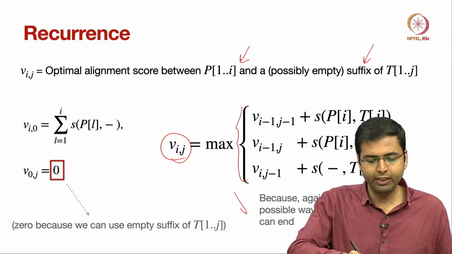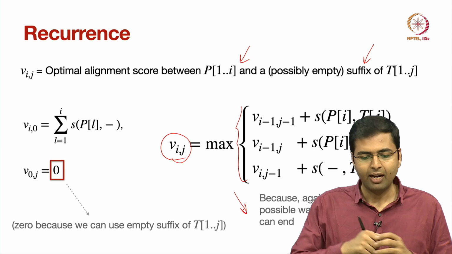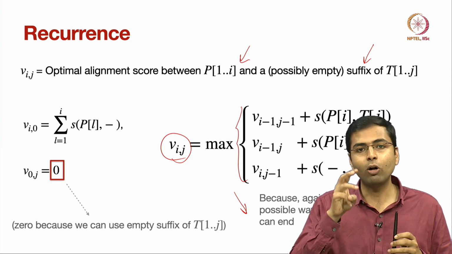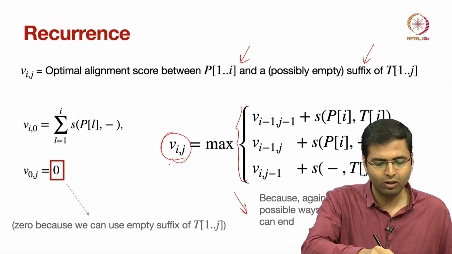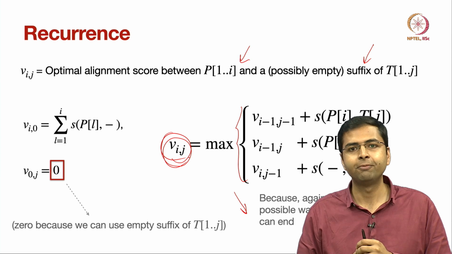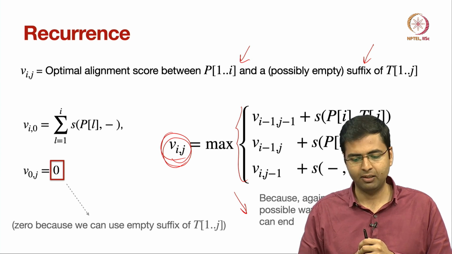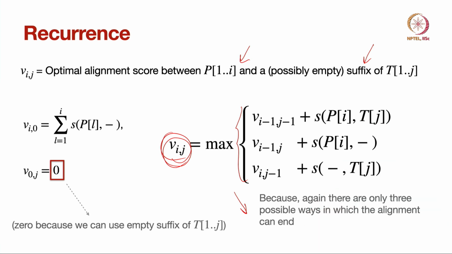So, we can define it as a maximization over all 3 possibilities and compute Vij. Given this recurrence, you can see that this will give us an order mn time solution for this problem, because this is a dynamic programming in which we are solving a table of m cross n, and each cell will take order 1 time to compute.